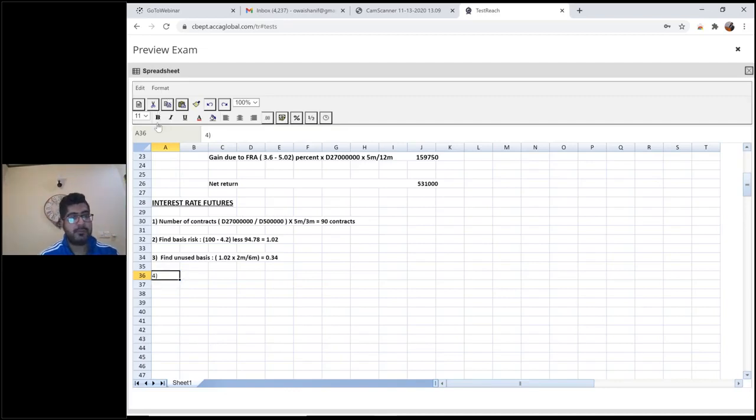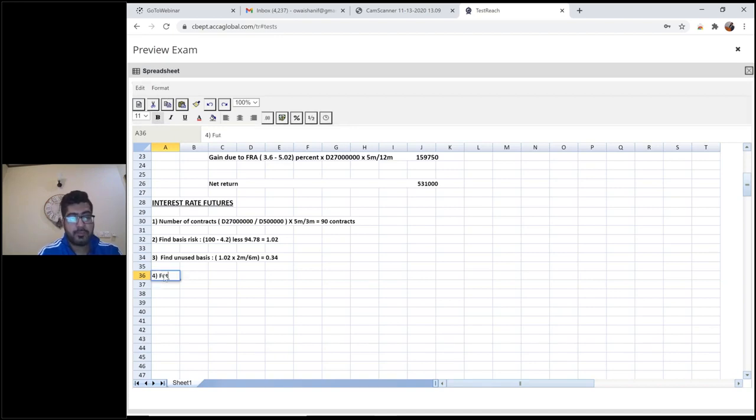Now you need to find the future closeout price in both cases.